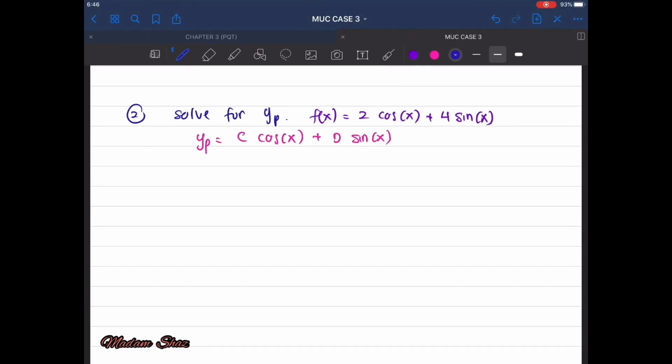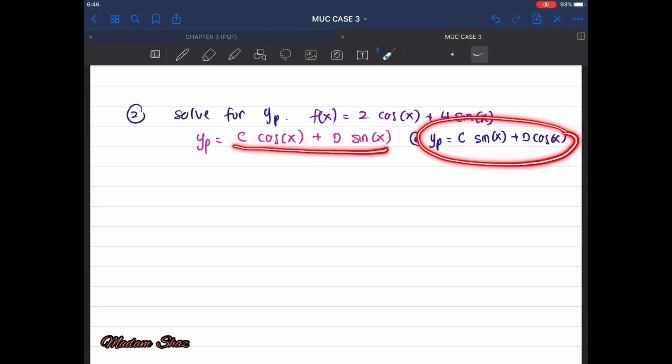Let's say here you want to write your yp as C sin x plus D cos x. Before this you wrote yp with C cos at the front, but this one is yp equal to C sin x, so you have sin at the front.